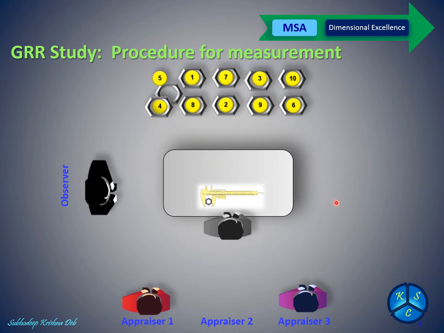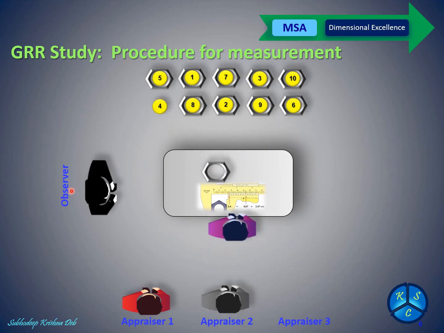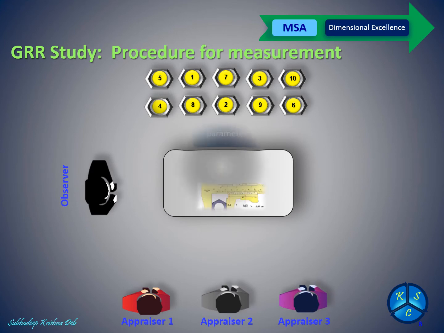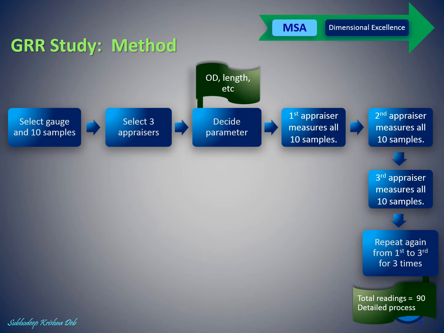We notice here that the parts are coming in a random manner, so measurement has to be done in a random fashion. And the observer, here is the observer, should note all the readings, and the readings should not be visible to the appraiser while they are taking the measurement. So this completes one process, and this trial is done 3 times. Now in total we will get 90 readings.